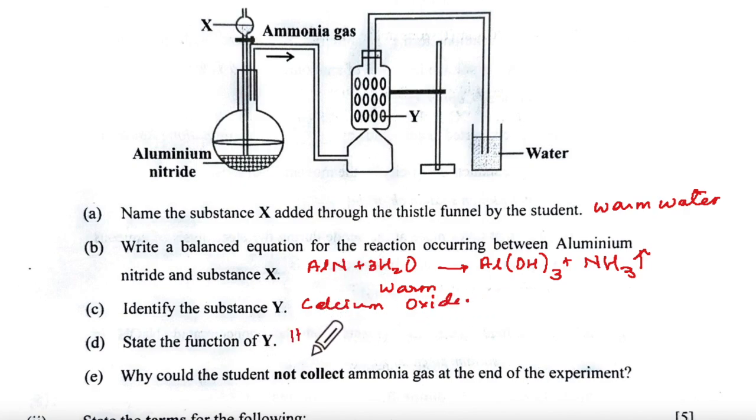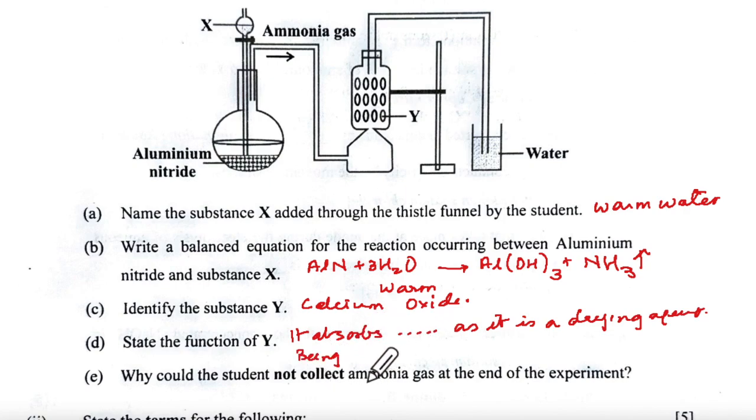So it absorbs the moisture as it is a drying agent. And then if you wish to, you could also say being basic, CaO does not react with basic ammonia.